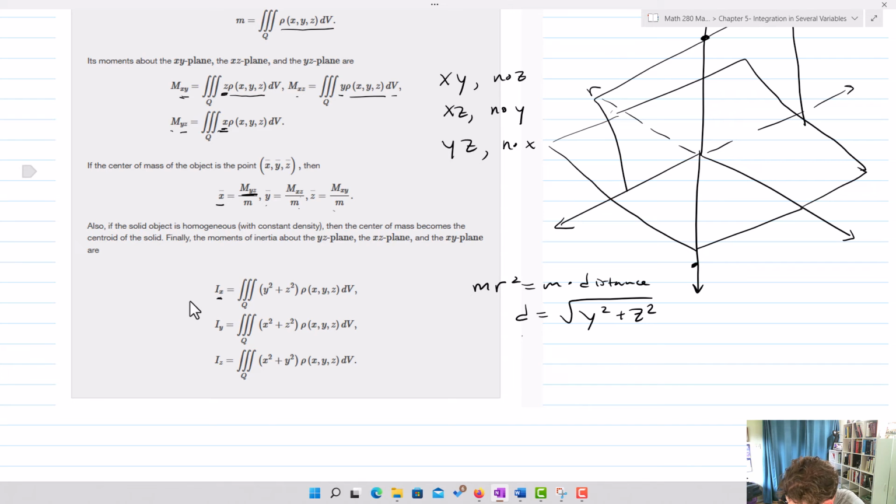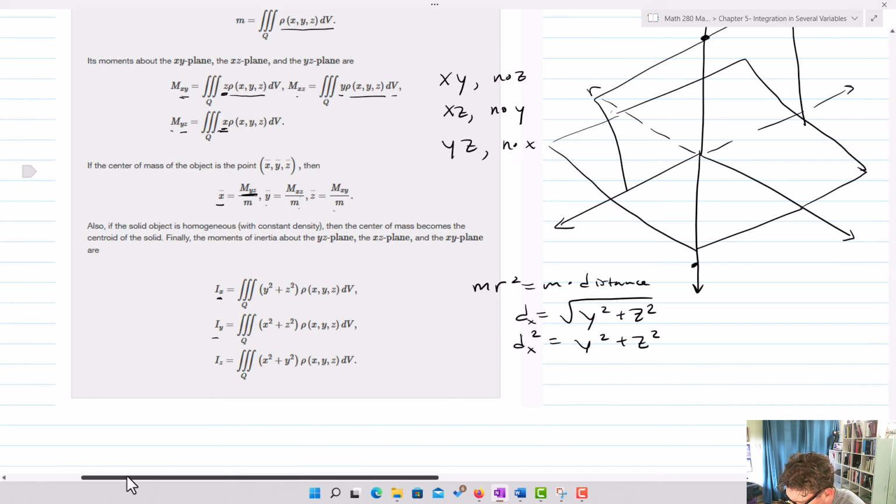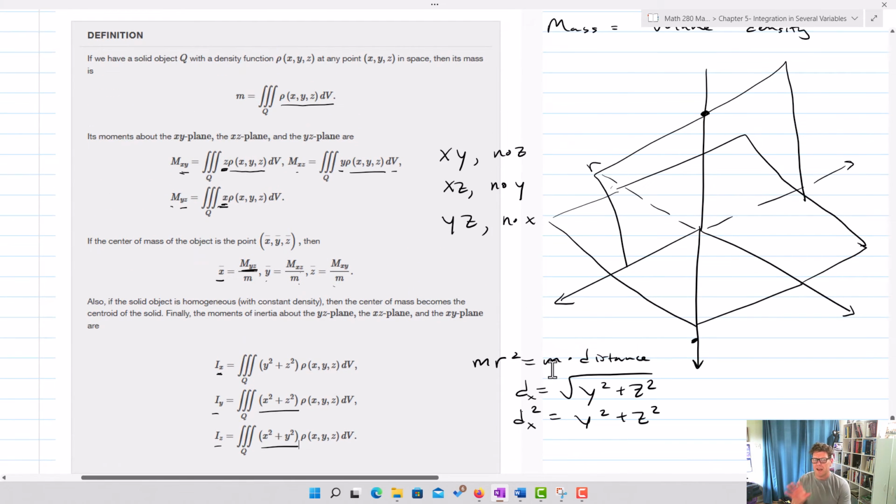And so if we square it, distance squared is just y squared plus z squared. We do the same thing for Iy. That's going to be x squared plus z squared. And Iz is going to be x squared plus y squared. And so this gives us a set of formulas that we can utilize in order to find our masses, our moments, our centers of mass, and our moments of inertia for 3-dimensional volumes.